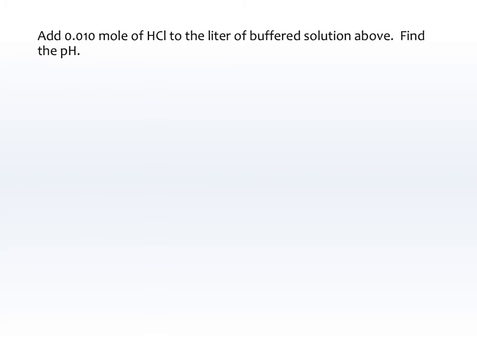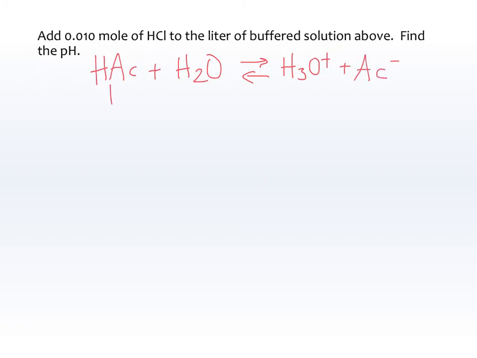Now we're going to add 0.01 moles of HCl to the liter of buffered solution above and find the pH. So I'm going to rewrite that equation. HAc plus water, that's acetic acid plus water, will make H3O plus Ac minus. Previously we had 1 mole of HAc and 1 mole of Ac minus in 1 liter.